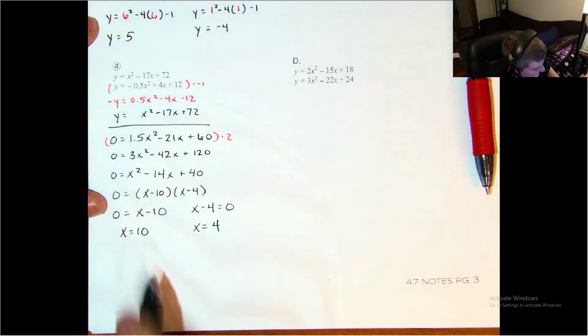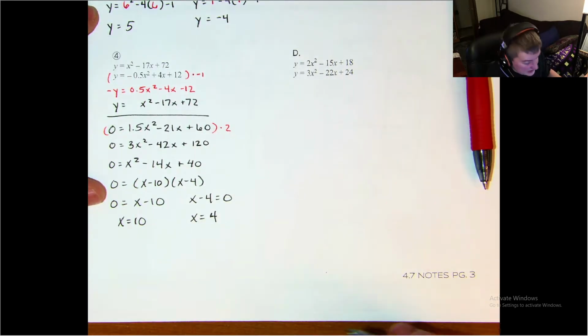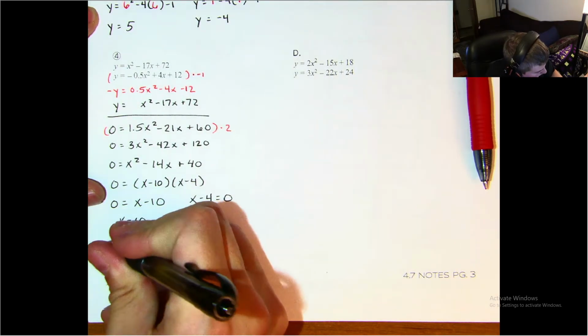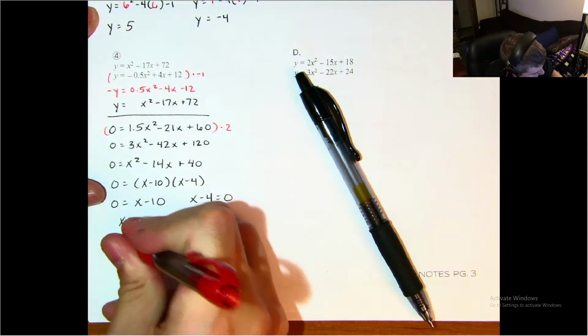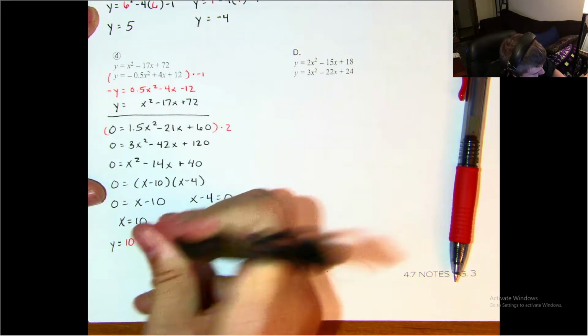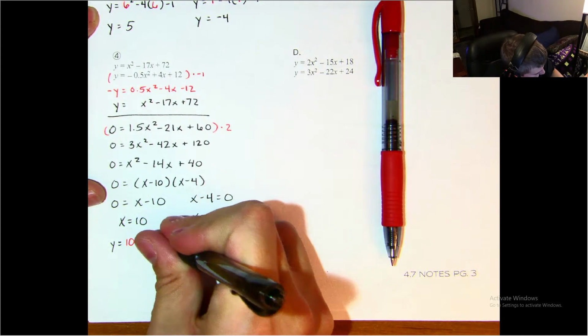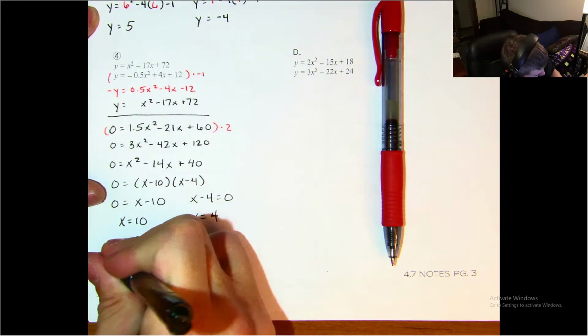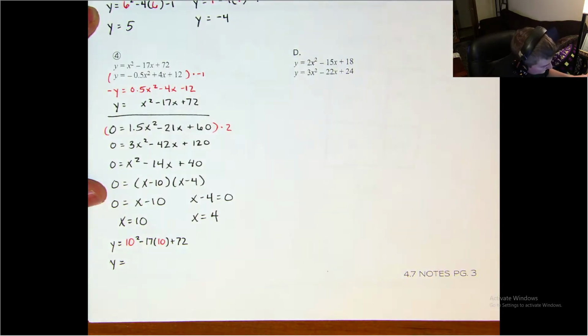Okay, and then we can plug this in. Again, I'm not going to plug it into the more complex equation. I'm going to do it to the slightly simpler one. So I'm going to get y is equal to 10 squared minus 17 times 10 plus 72, which is 2.